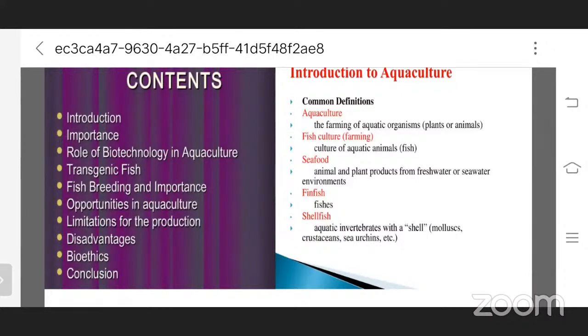Hatcheries are the same habit. After hatching, we go to inbreeding. So many times, when we go to the inbreeding method, what will be done? The genetic quality is lowered.